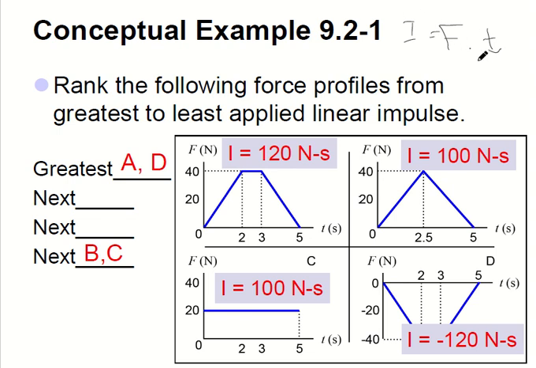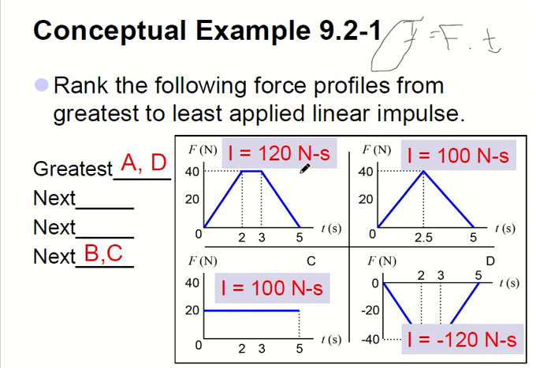So this is the relation: impulse is directly proportional to the force, and impulse is directly proportional to the time. When you multiply, we get a graph like this, and every time you want to find the resultant impulse, we get the area underneath of that.